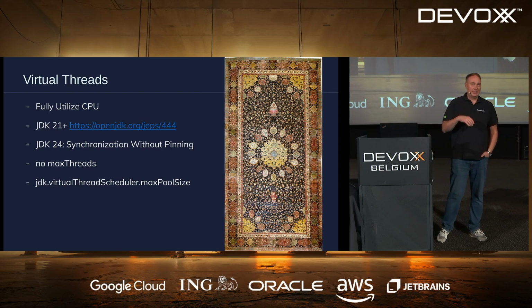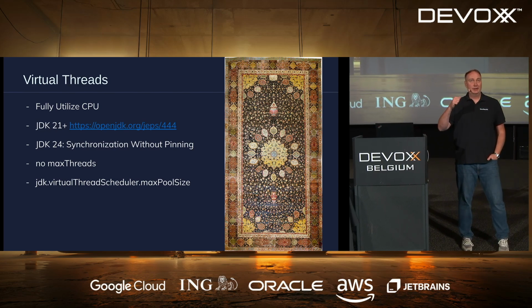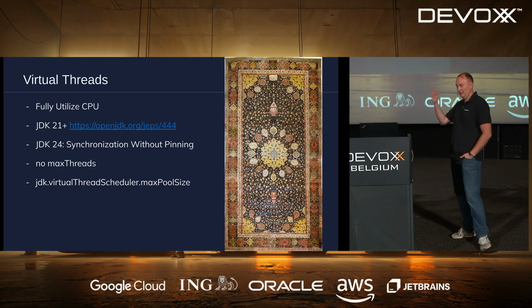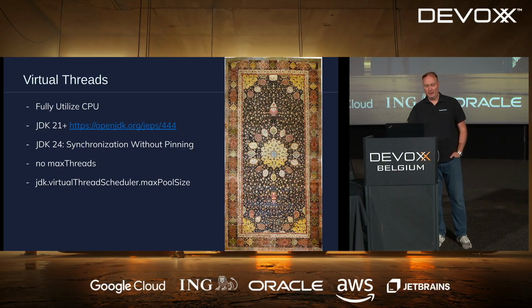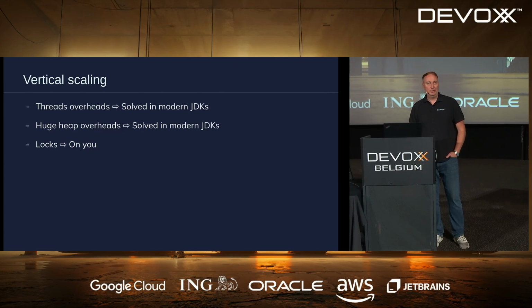So major problems have been fixed till JDK 24, and now we have JDK 25, when the technology is quite mature and it's supported by frameworks. I can simply use it, enable it.